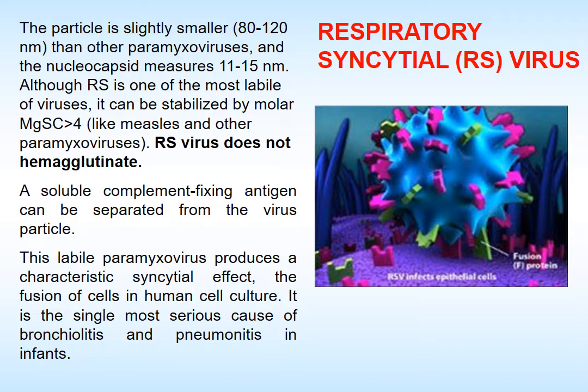One more virus for today is respiratory syncytial virus, RS virus. The particle is slightly smaller than other paramyxoviruses, and RS virus does not hemagglutinate erythrocytes, so we can't use the reaction of hemadsorption or hemagglutination.